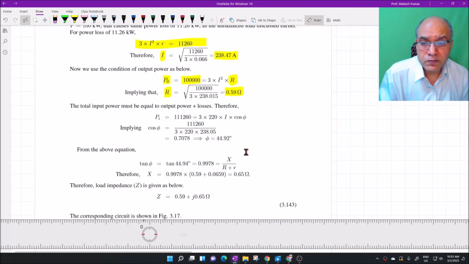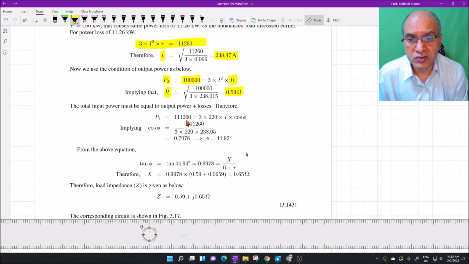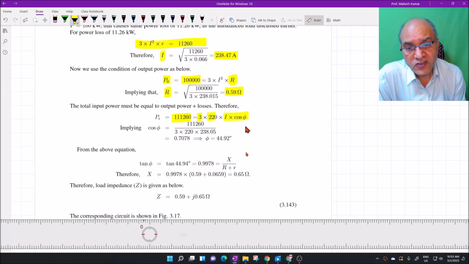The total input power must be the losses plus output power, that is 111.26 kilowatt. So this input power must be equal to 3 into V into I cos phi. Cos phi is the power factor in the phase of the balanced circuit.